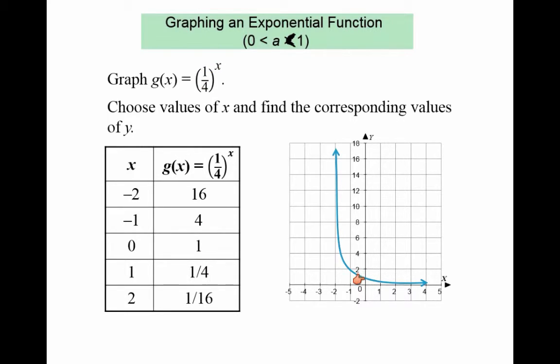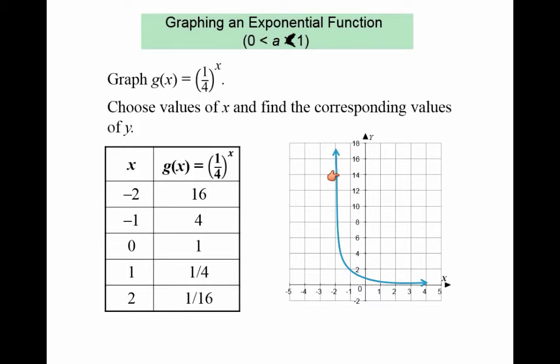But this time, as I increase the value of x, the value of g of x decreases, getting closer and closer to 0. And if I decrease the value of x, like -1, -2, you see the value of g of x increases. So it's going to shift this way.